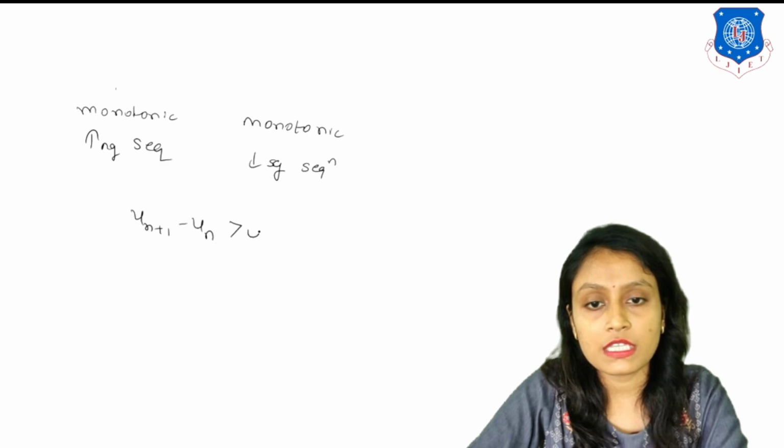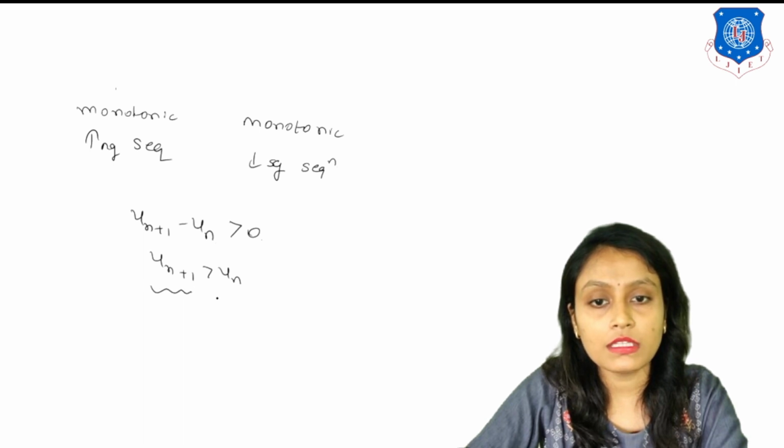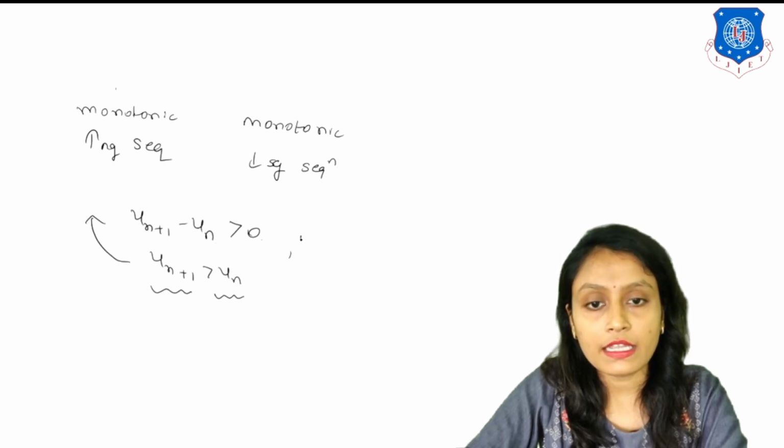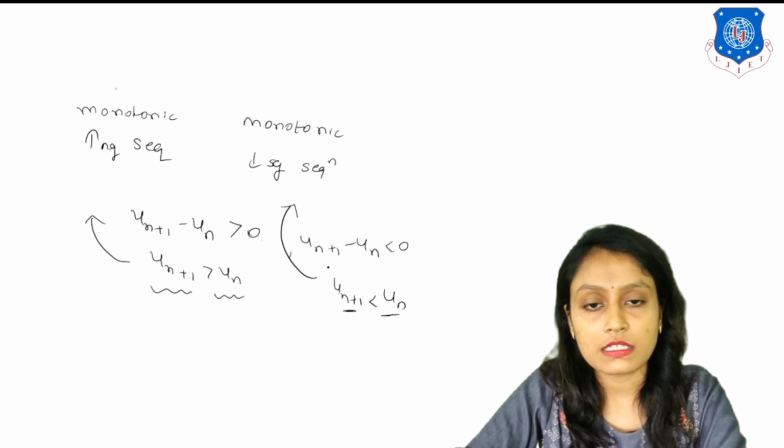If this is greater than 0, that is un plus 1 is greater than un, means n plus 1th term is greater than nth term. Therefore we can say that the sequence is increasing sequence. And if this un plus 1 minus un is less than 0, that is this n plus 1th term is less than this nth term, so we can say that this sequence is decreasing sequence.